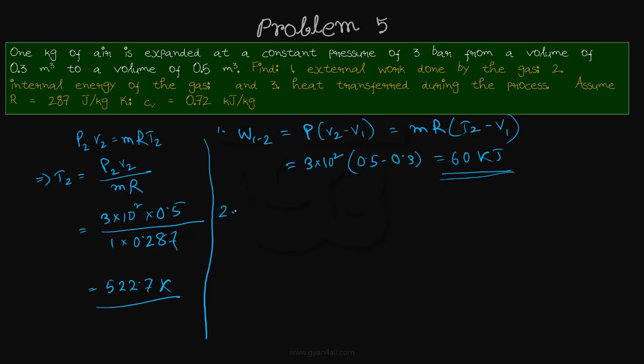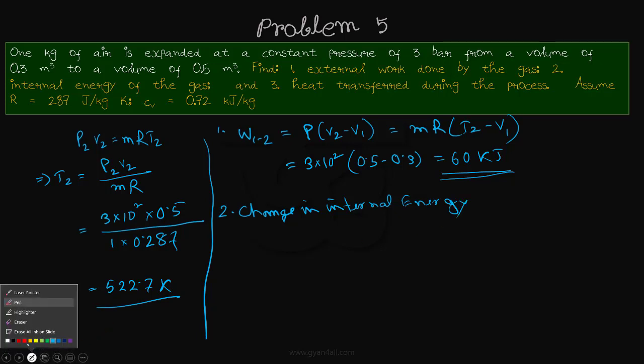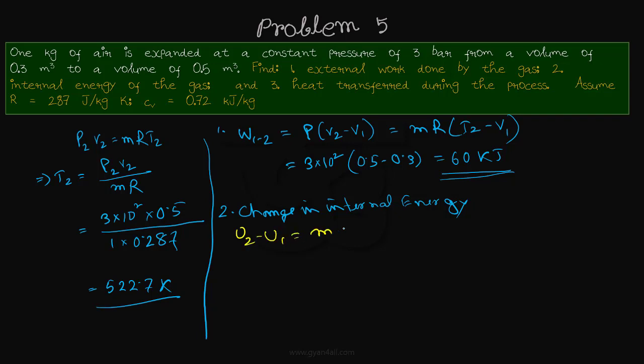Next, we have to find out the change in internal energy. Change in internal energy is equal to U2 minus U1, and the formula is mCv times T2 minus T1.